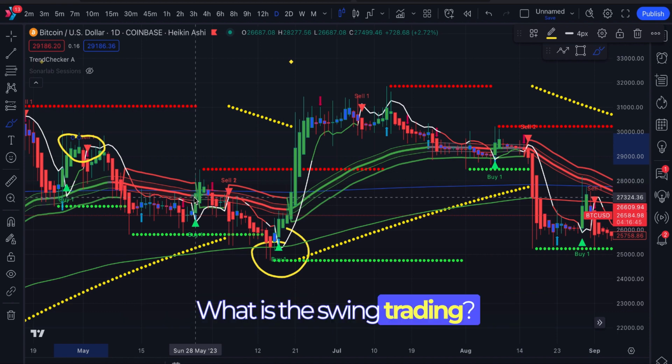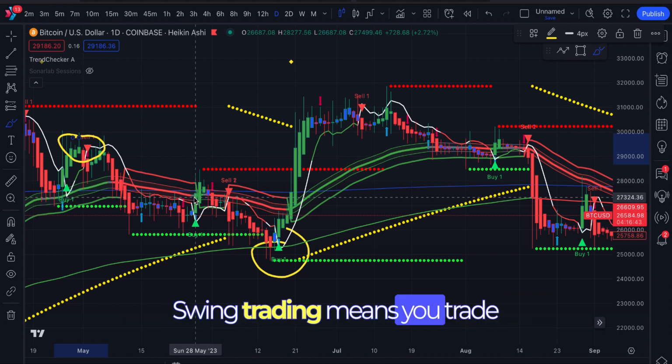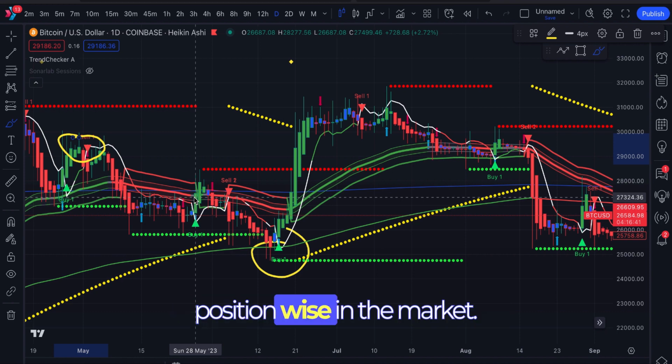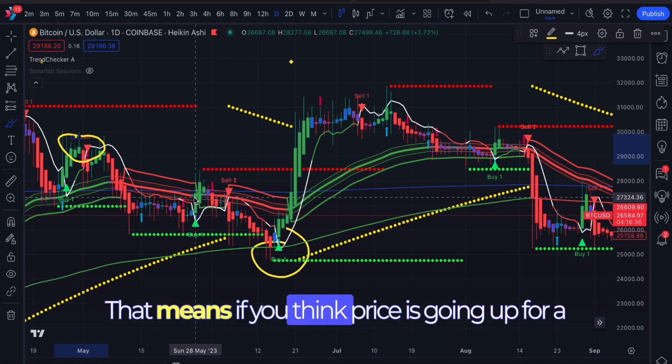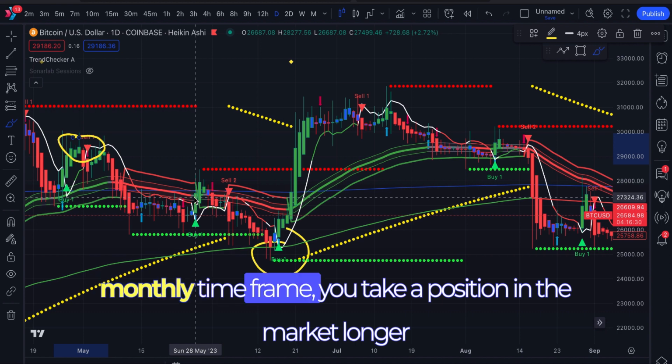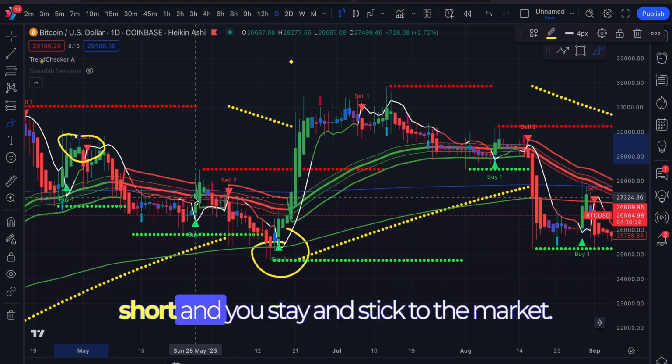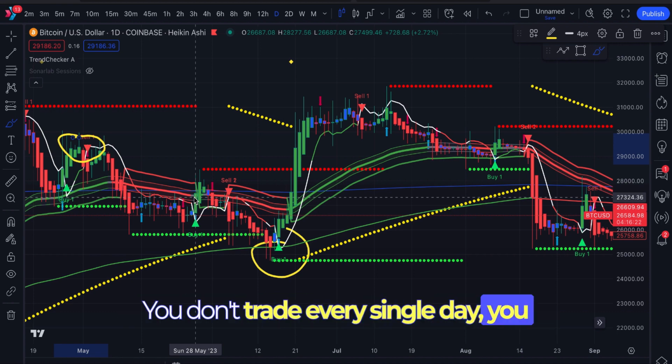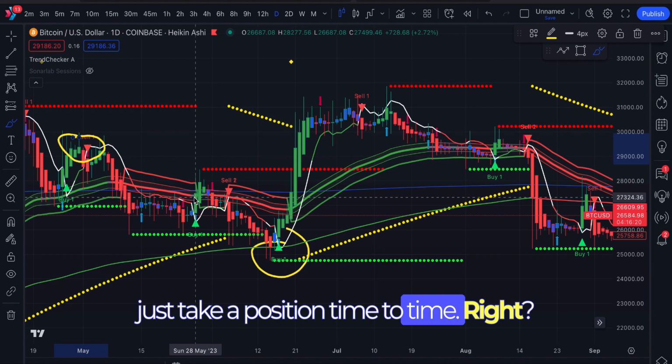What is swing trading? Swing trading means you trade position-wise in the market. If you think price is going up for a longer period of time, on the daily, weekly or monthly time frame, you take a position in the market, long or short, and you stick to it. You don't trade every single day. You just take a position from time to time, right?